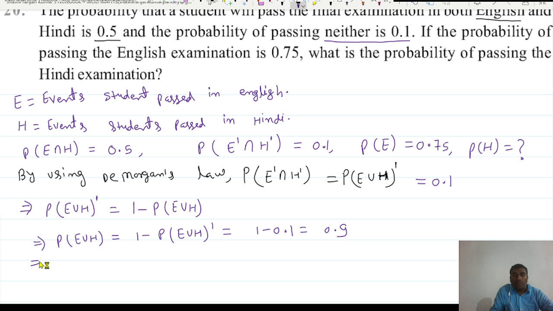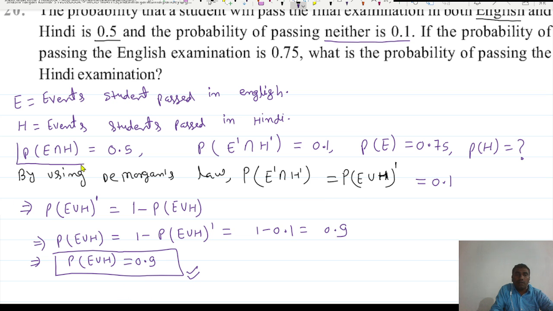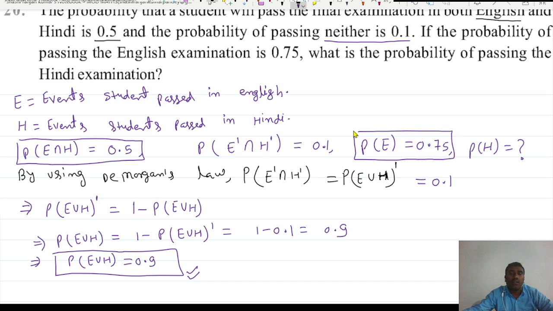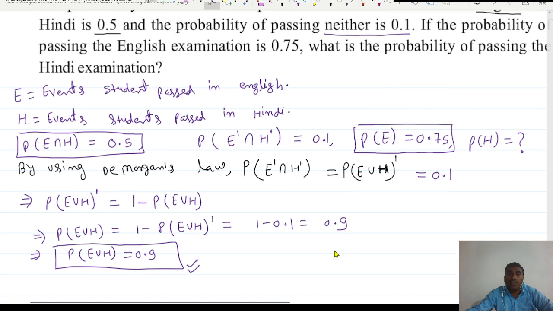We have found this. Now apply the formula. You have this result, you have the intersection value also, and the English value also. So can you find the probability of Hindi? Of course you can, because you know the formula.